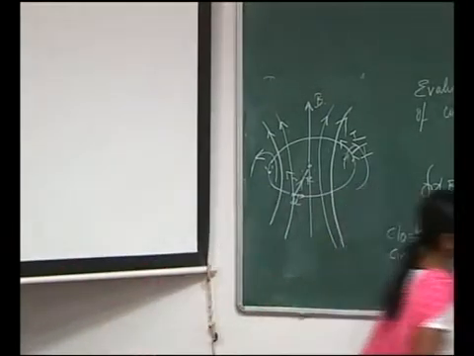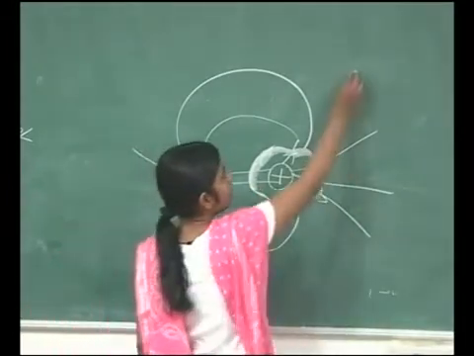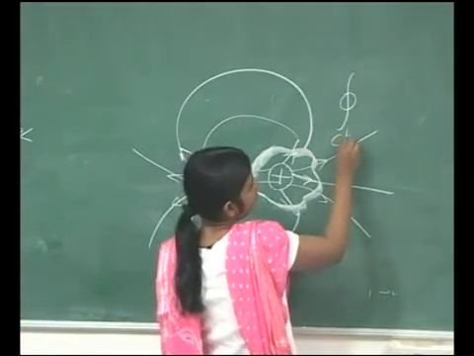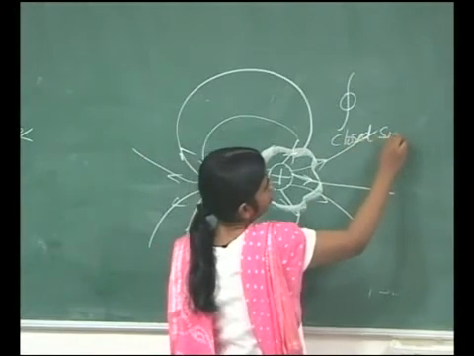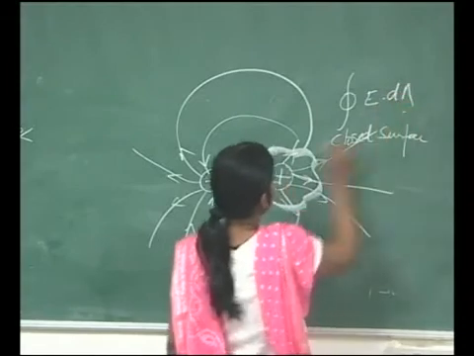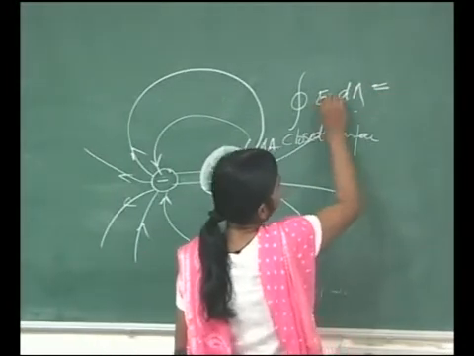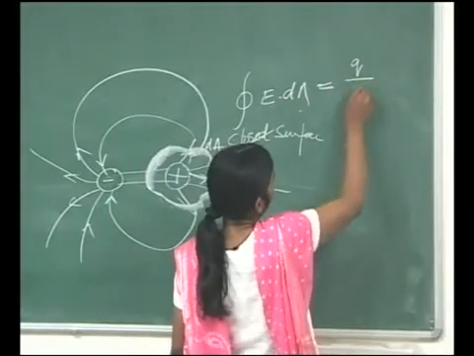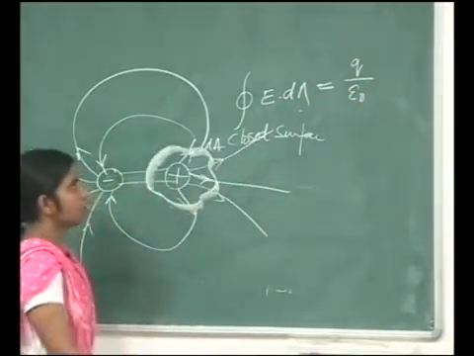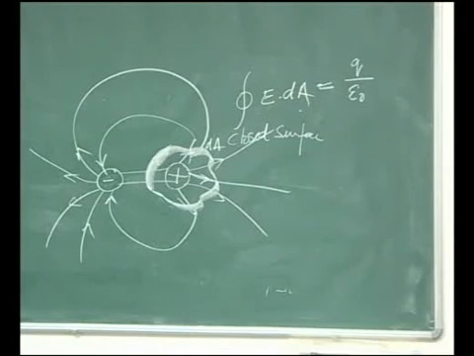If I take a closed surface here, this is the electric field, this is an electric dipole, then I get the integral over a closed surface of E dot dA. If this is elemental area dA, then this is not 0 but is equal to q over epsilon naught. This is the Gauss law, okay, or the first Maxwell's equation. This led to the first Maxwell's equation.